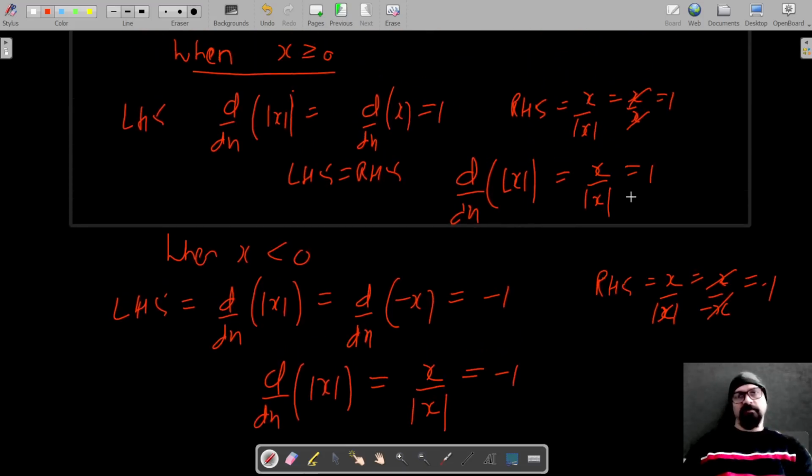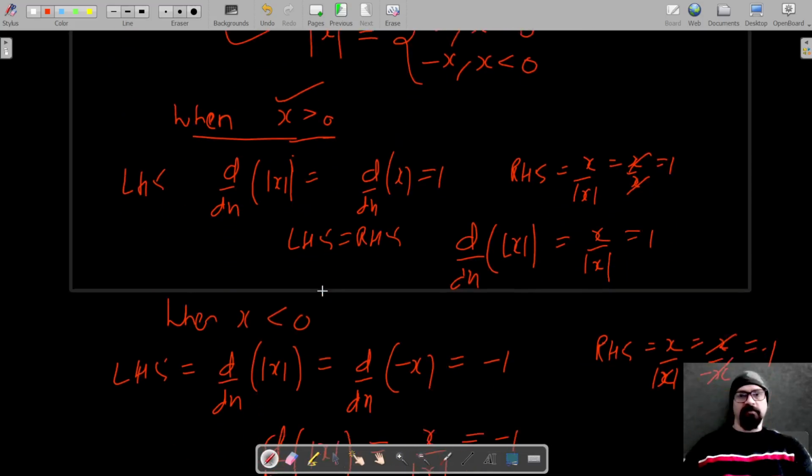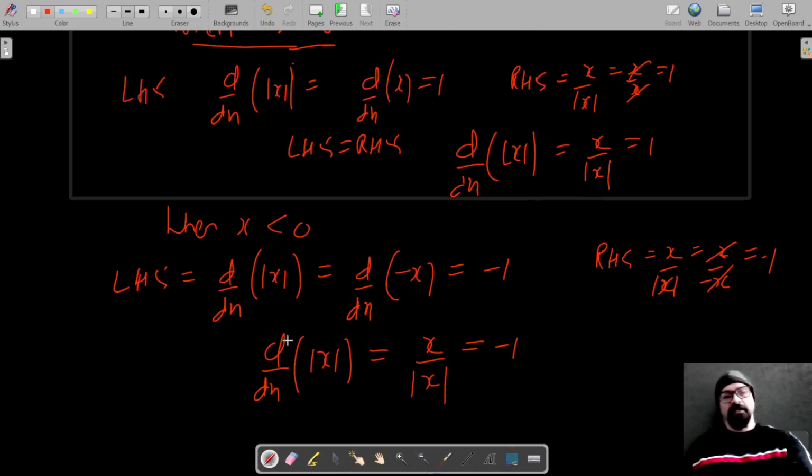In both these cases, LHS is equal to RHS. So we have just proved that differentiation of modulus x is equal to x upon modulus of x when x is not equal to 0. So x is not equal to 0 means we have to take this off. This is x greater than 0, and this is x less than 0. Moving on to the next question, which is question number 27, part A.